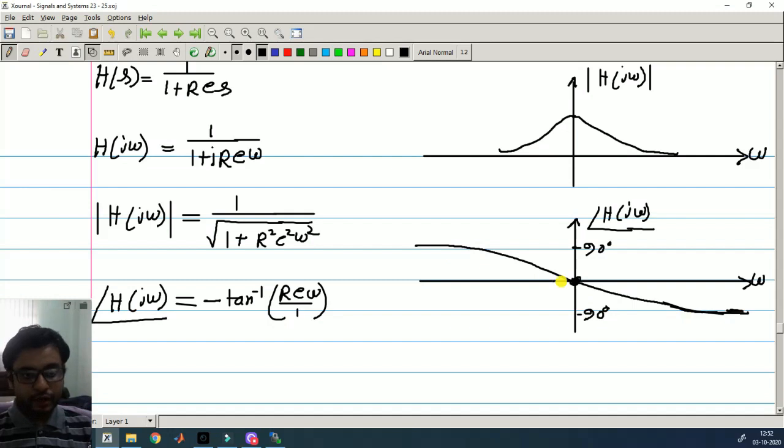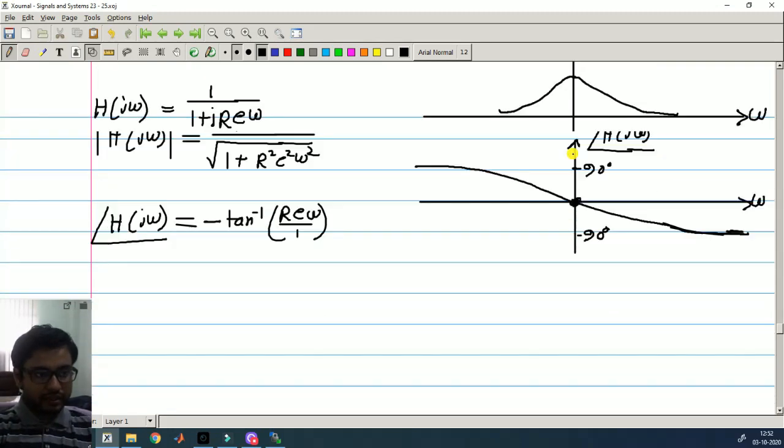So this is the phase response, approximately hand drawn. For a perfect drawing, you should calculate these values with different ω values put in these expressions. You can use a computer or a calculator and then plot these diagrams more accurately.